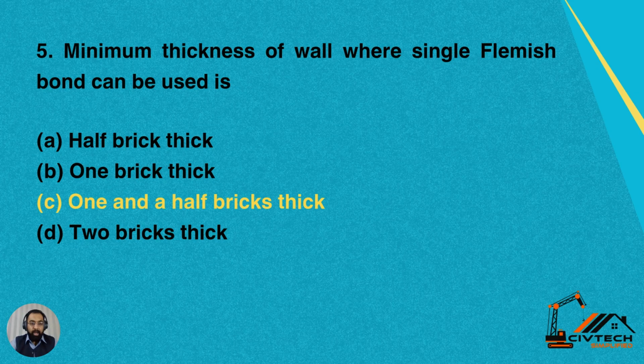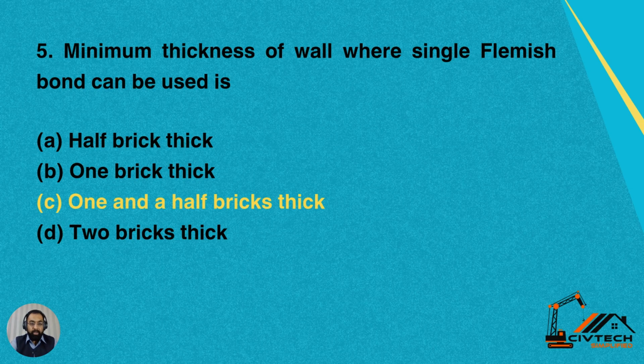Number five: the minimum thickness of wall where single Flemish bond can be used is. Option A, half brick thick. Option B, 1 brick thick. Option C, 1.5 bricks thick. Option D, 2 bricks thick. The correct option for this question is C, 1.5 brick thick.